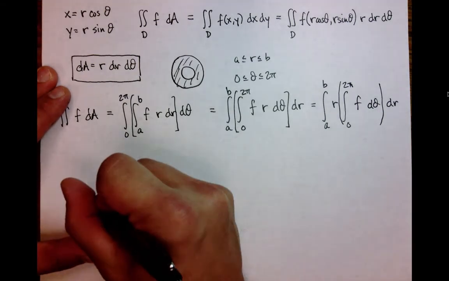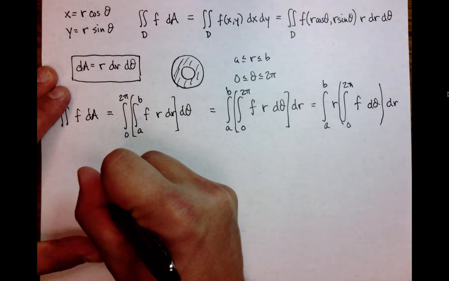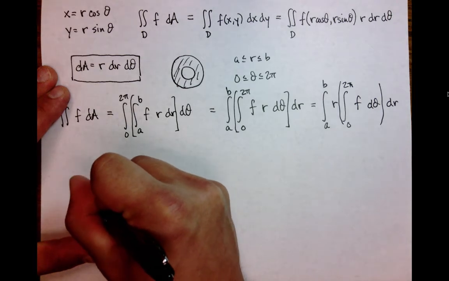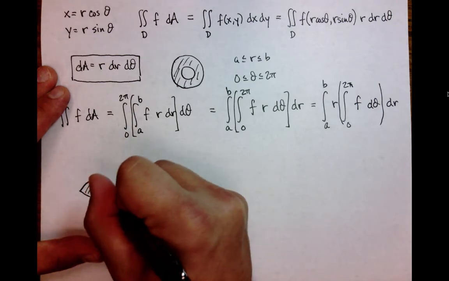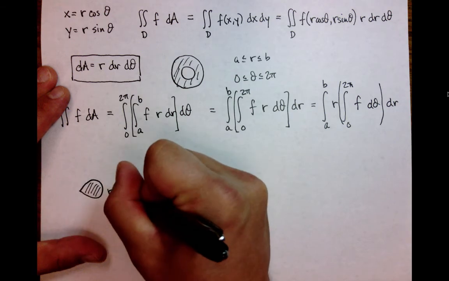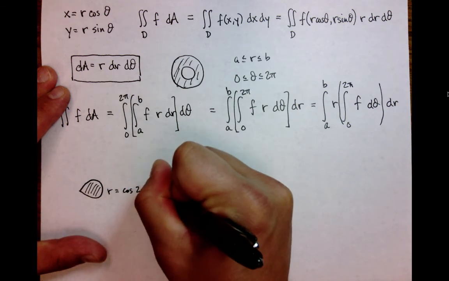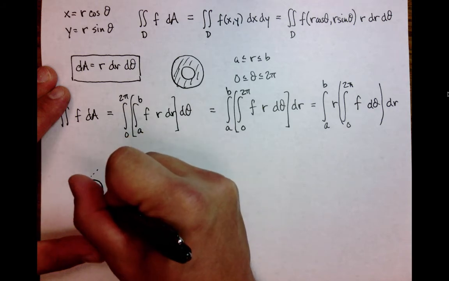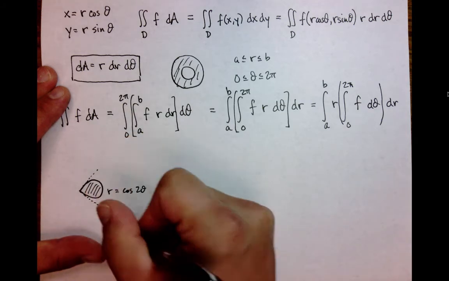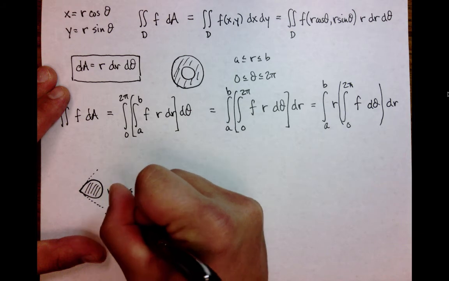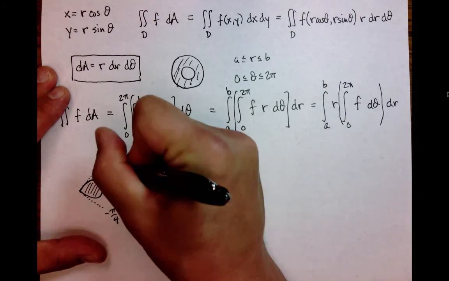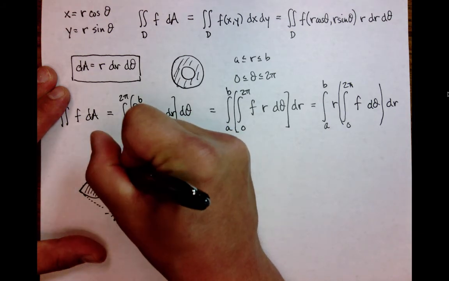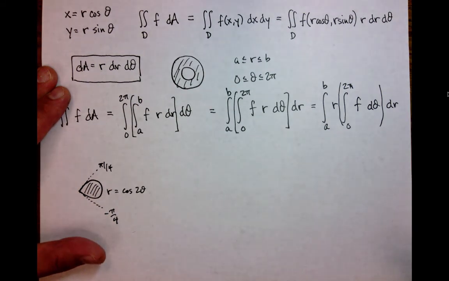Okay, or if we have this teardrop-shaped region where r is cosine of 2 theta on the boundary, you have to do a little work to show that theta goes from minus pi over 4 to pi over 4, but it does.